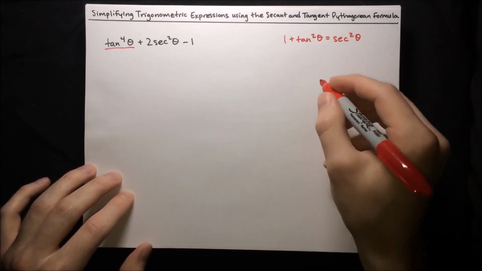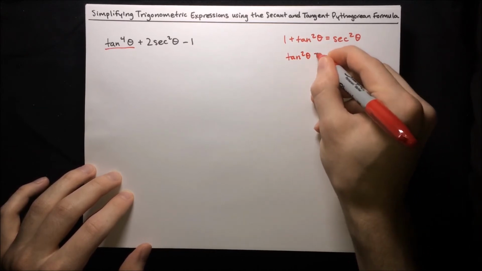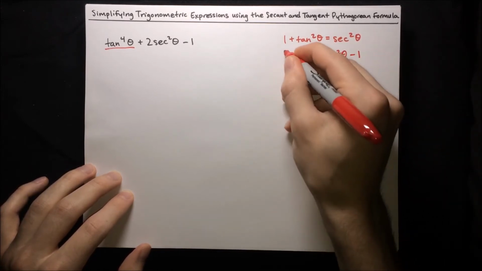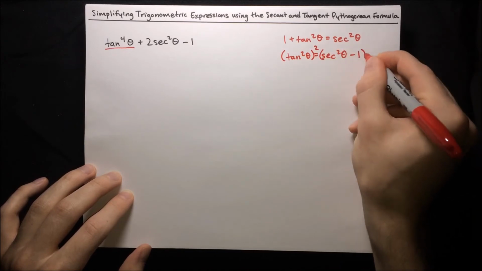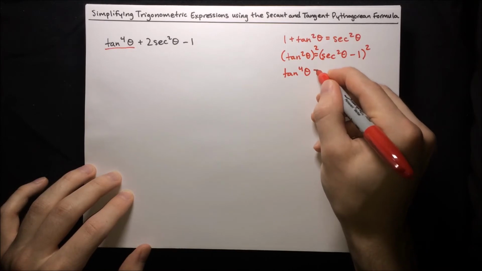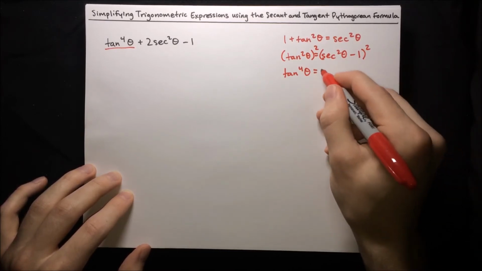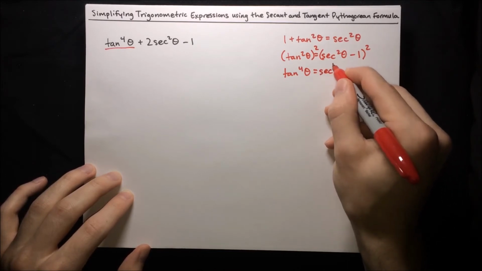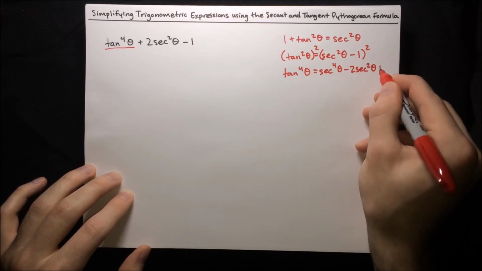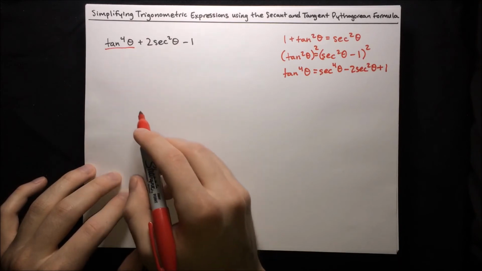Solving for tangent squared, we subtract 1, we get tangent squared is equal to secant squared minus 1, and then we square both sides, and that gives us tangent to the fourth on this side, and then the right hand side just goes to the square of this expression, which is just secant to the fourth minus 2 secant squared plus 1.